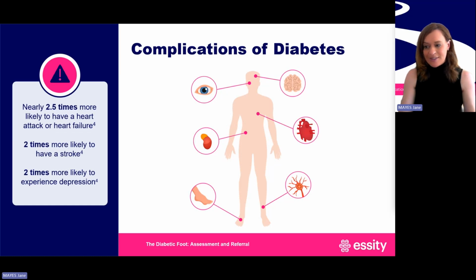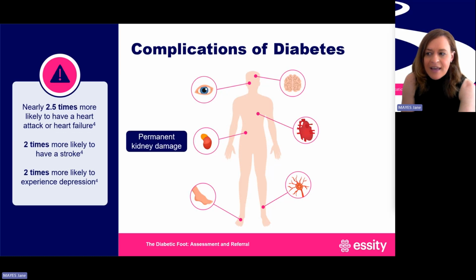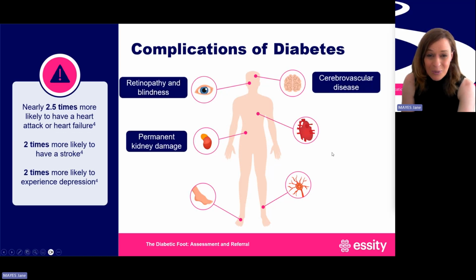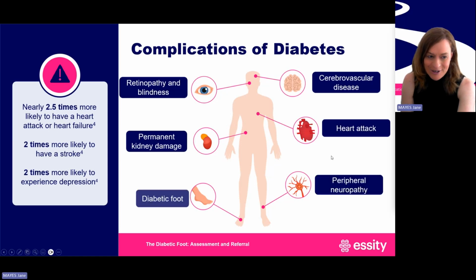The big vessel damage will have an impact on that patient's heart and the stroke issue, whereas the smaller ones, the microvascular system that's impacted, will have a problem with nerves and eyesight and kidney damage. So we know that these are issues to our patients that we see, and it's all to do with the circulation. And it's these issues that increase that mortality after 5 years.